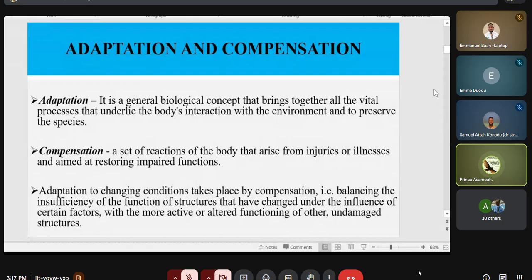The injuries have already come, and the body is trying to adjust so that it does not end up in further injuries that may be irreversible.